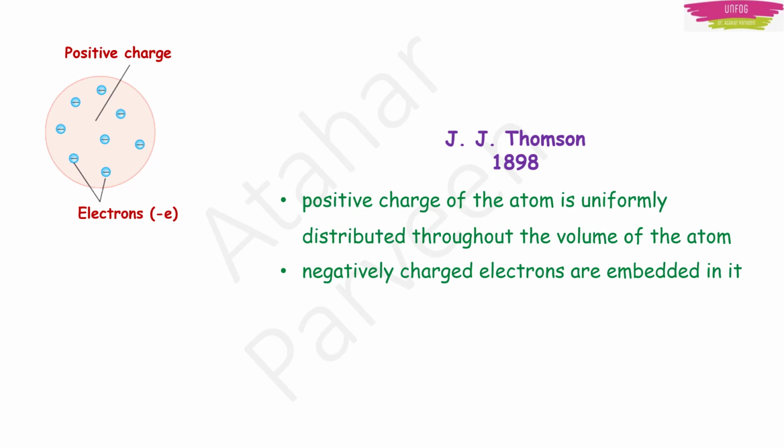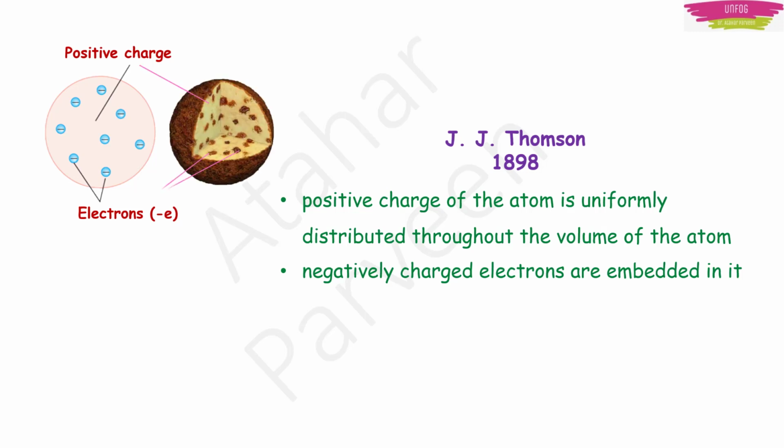The name of their cake was plum pudding. So he compared the atom to the plum pudding dessert, and he told that whatever the cake part is, that is all positive charge, and the cherries or plums in that cake are electrons.